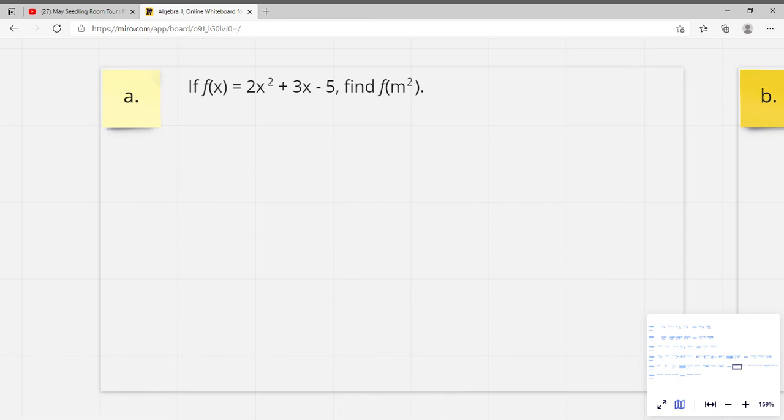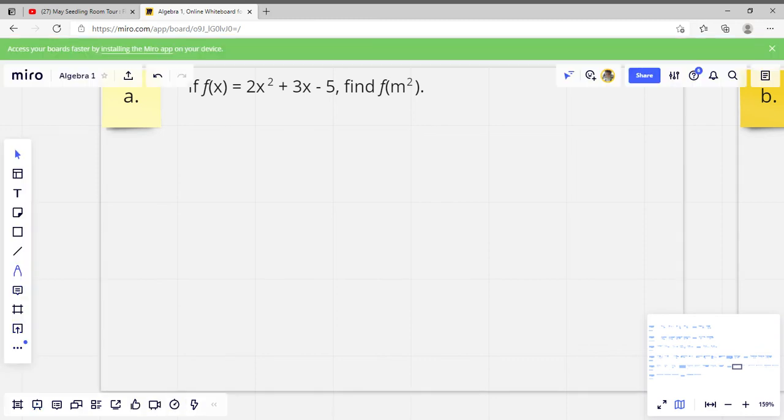This is one where you just got to plug that value in. So we're going to take this value, m squared, and we're going to plug it in each time we have an x. So we've got 2 times x, which is m squared, and that is squared, plus 3 times m squared minus 5.